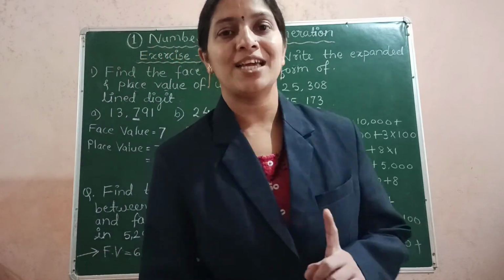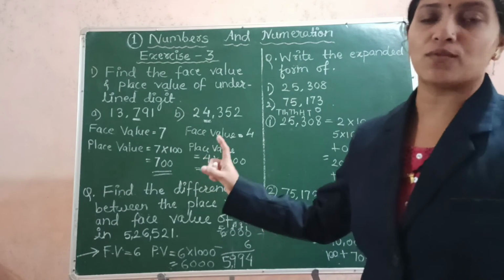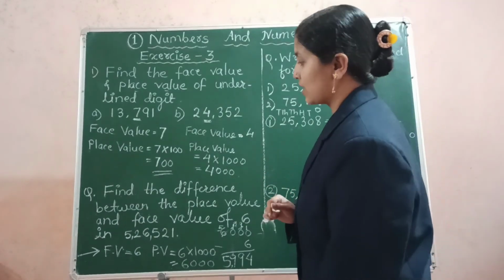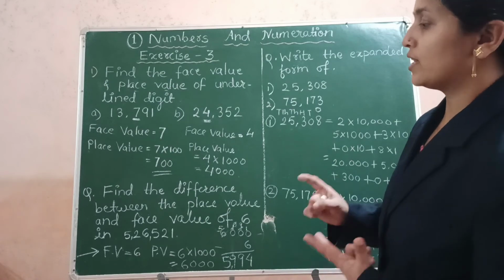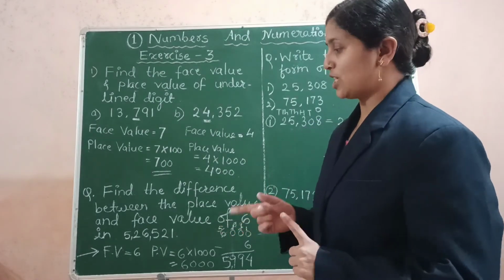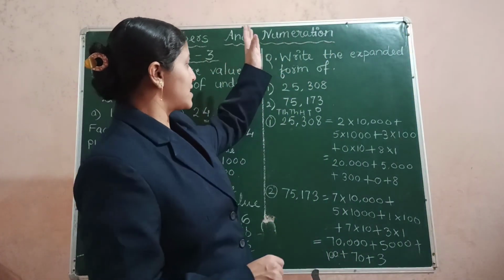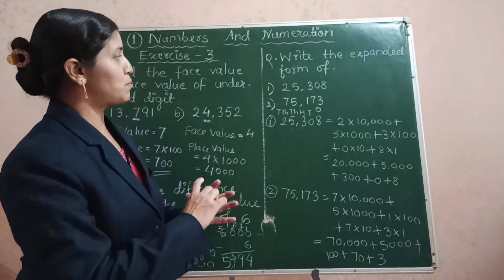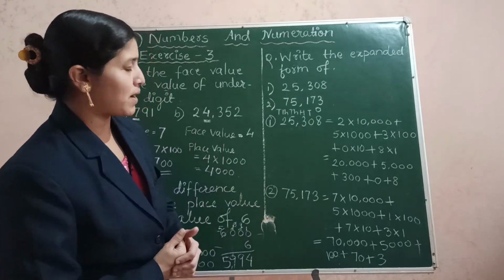So what did we see? Question first, we found out the face value and place values of the digits that are underlined. Next we found out the place value, face value, and then we found out the difference between the face value and place value of the digit 6. So also in these examples, 2 examples, we expanded the numbers and we found out their expanded form.